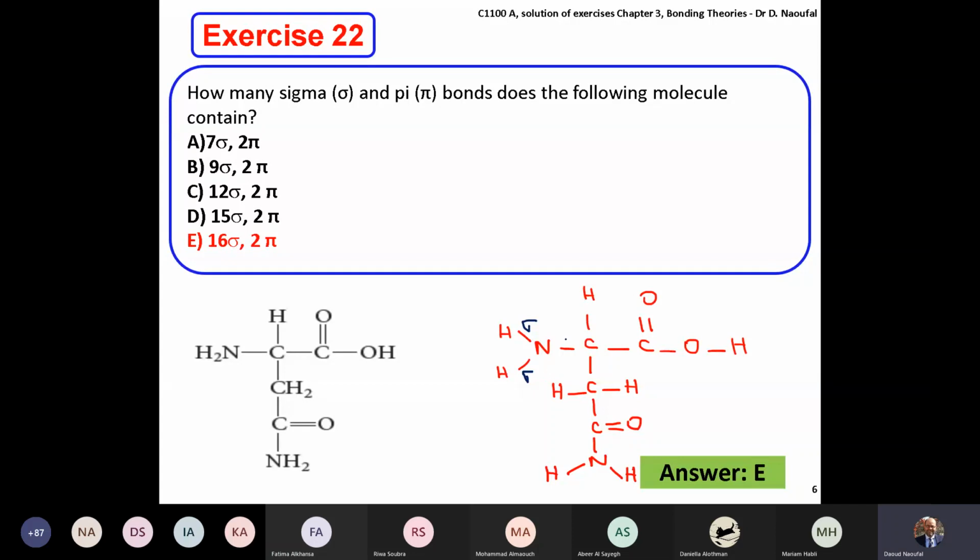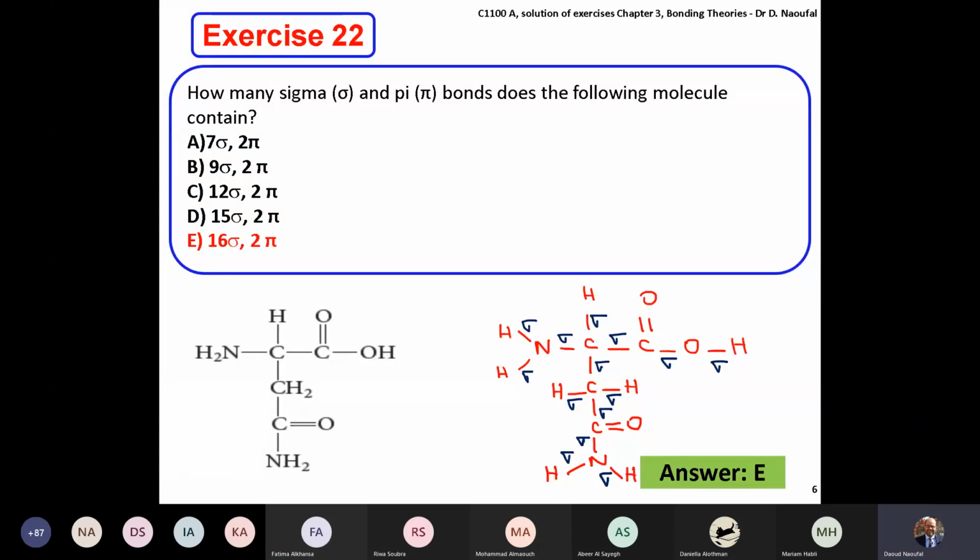NC, one bond, so sigma. CH, one bond, sigma. CC, sigma. CO, sigma. And OH, sigma bond. CC, sigma. CH, sigma bond. Another CH, sigma bond. CC, sigma. CN, sigma. NH, sigma. And NH, sigma. So I write the sigma bonds directly.